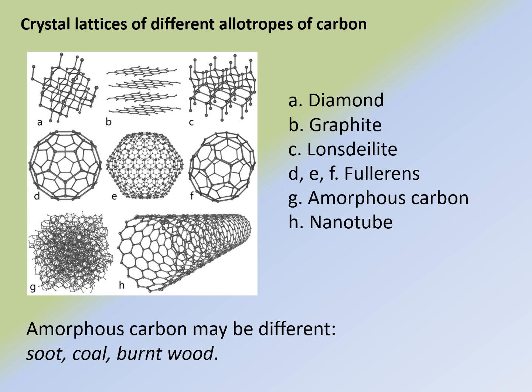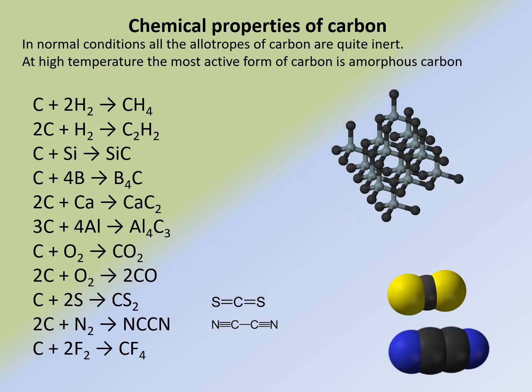The amorphous one has no definite or ordered crystal structure. How can we call it? Soot, coal, burnt wood? Yes? And these are those reactions featuring carbon as an amorphous element.